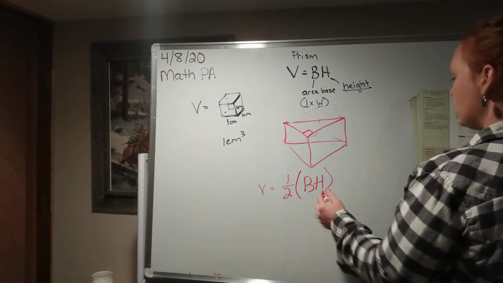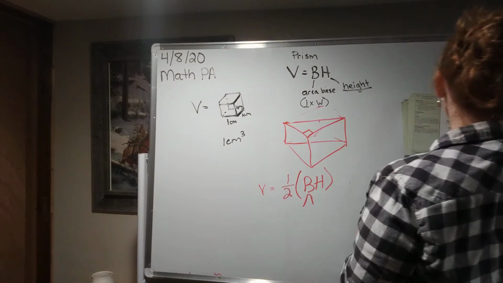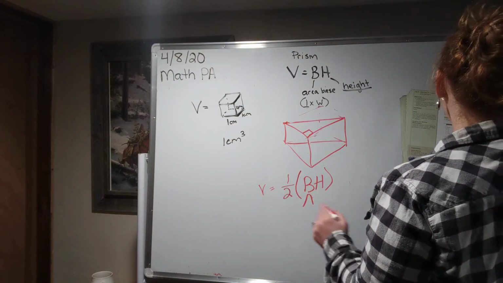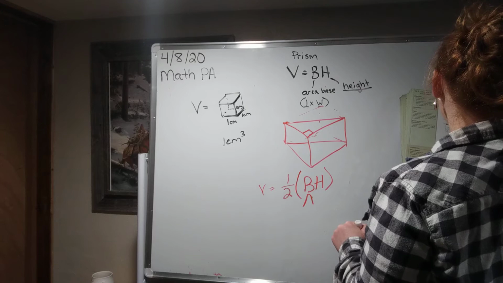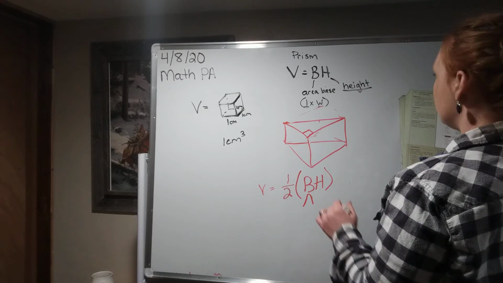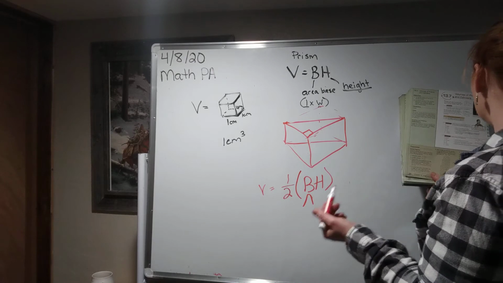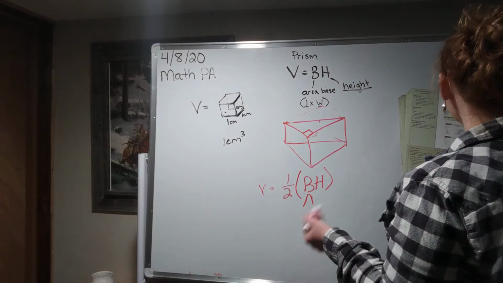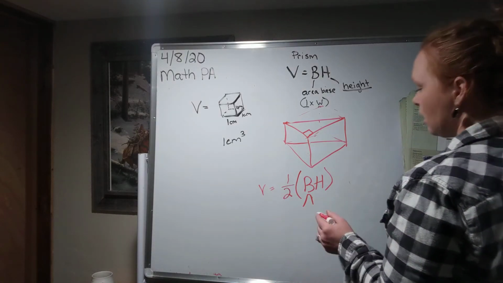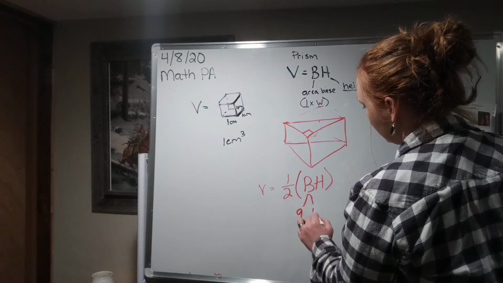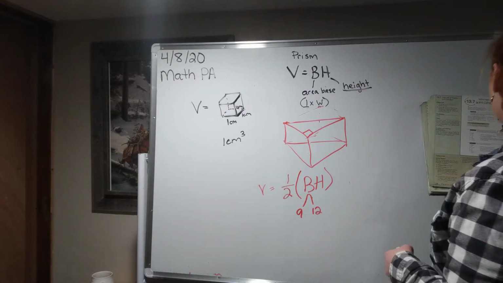So what do I need for my base? For my base, I need my length and my width. Now look at the base there. Okay, we want to use 9 and 12, don't we? Do we want to use the 15 at the top? No, it's not a necessary number. 9 and 12 is the length and the width of the base.